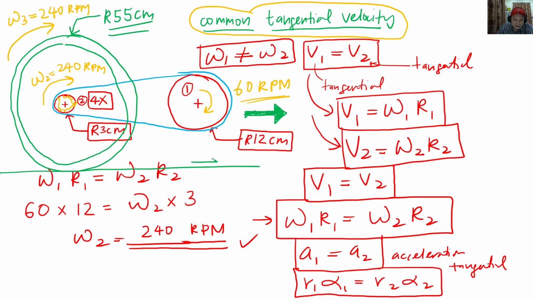In order to solve this, you are using the relationship of linear to angular, angular to linear. So you have to use this formula: linear equals omega r.